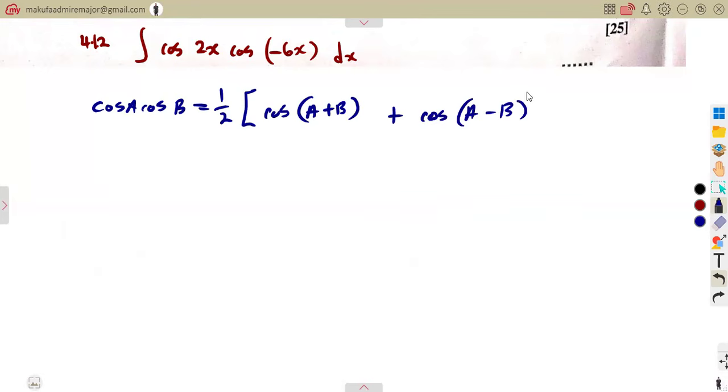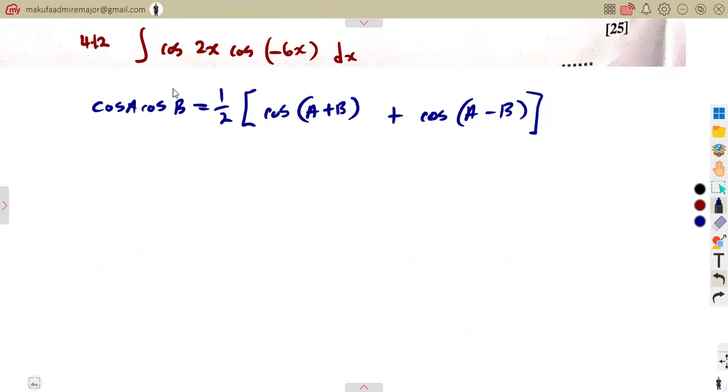So this identity is used whenever you've got a product of a cos and a cos. It can also be a product of a sine and a cos, or a sine and a sine. The identities are given, so make sure that you take the right identity and substitute what you're given.